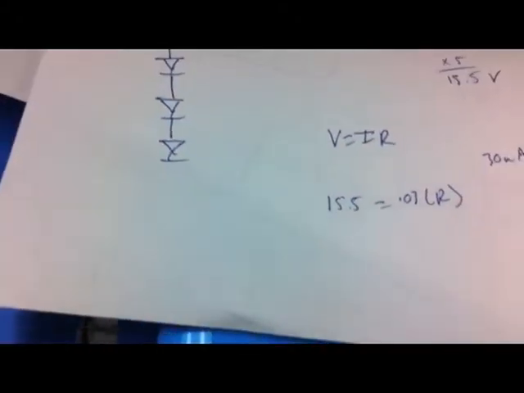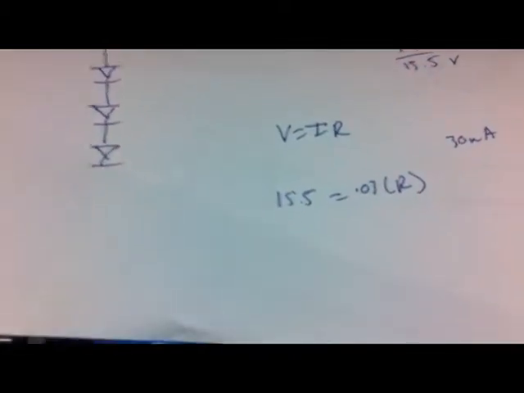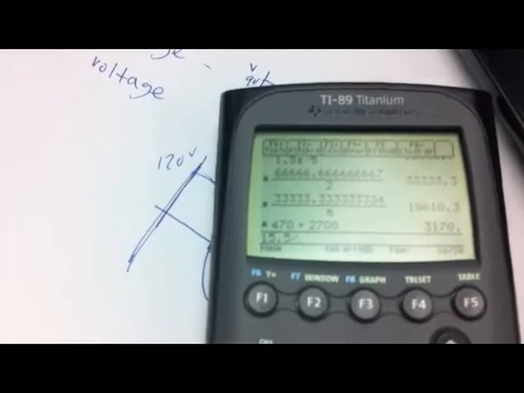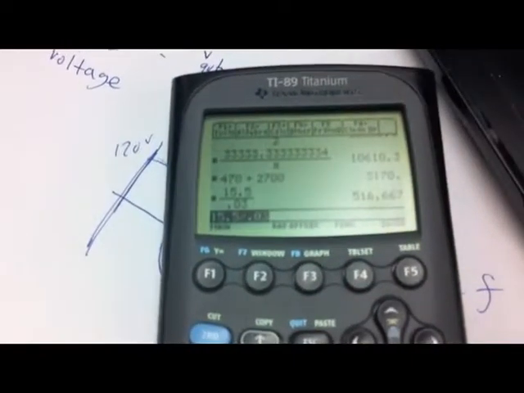So if we divide that, let's get a calculator out. 15.5 divided by 0.03 gives us roughly 516 ohms.